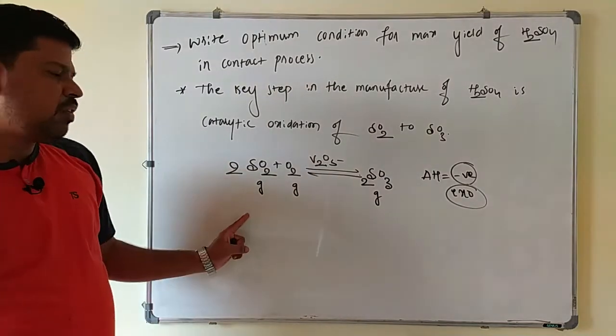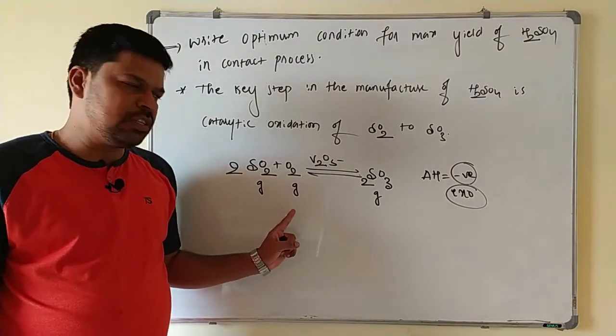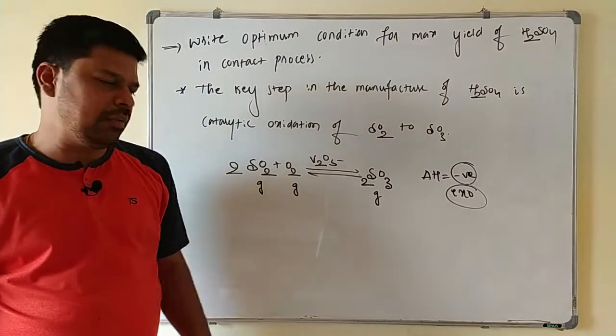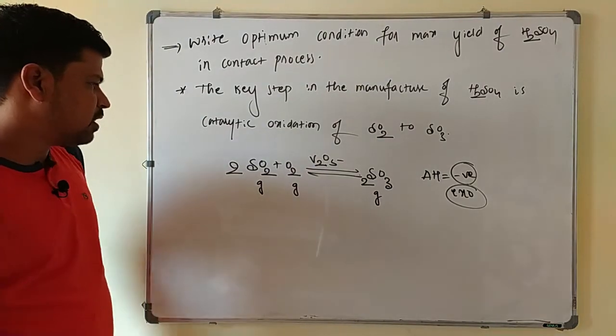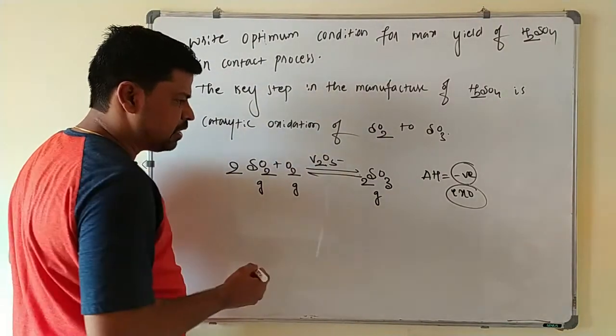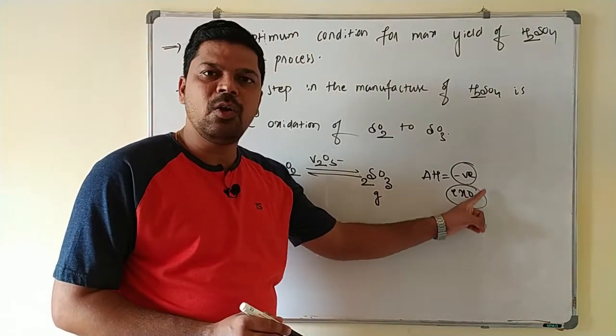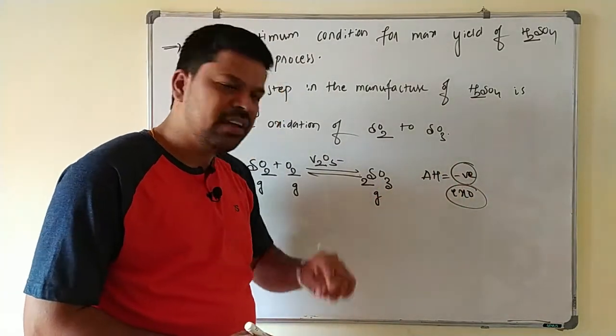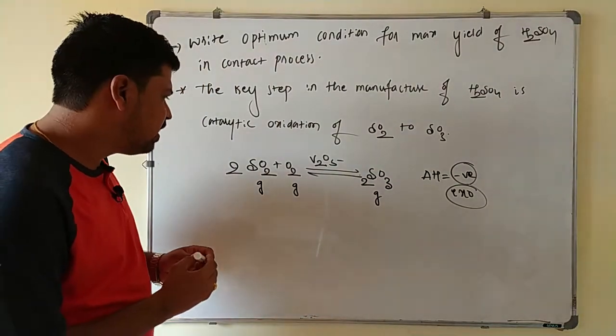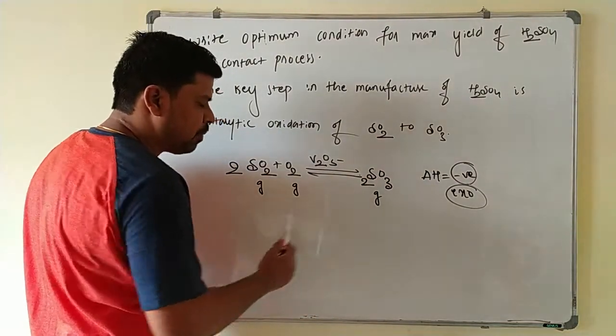Now for this reversible reaction we can apply Le Chatelier's principle, since it is attaining equilibrium here. Okay, so first, according to Le Chatelier's principle, it being an exothermic reaction, low temperature favors the formation of SO3. And next, at equilibrium, if you apply pressure, what happens?